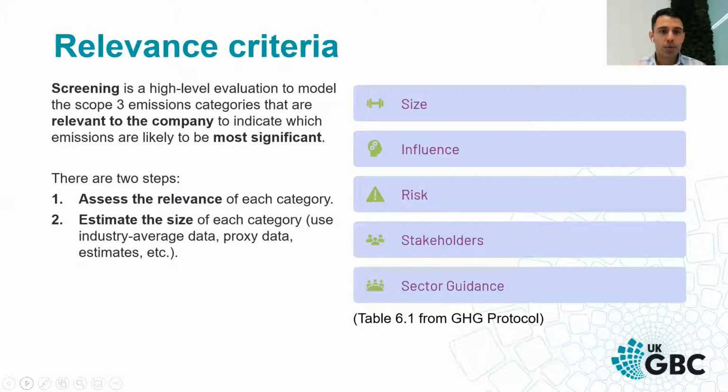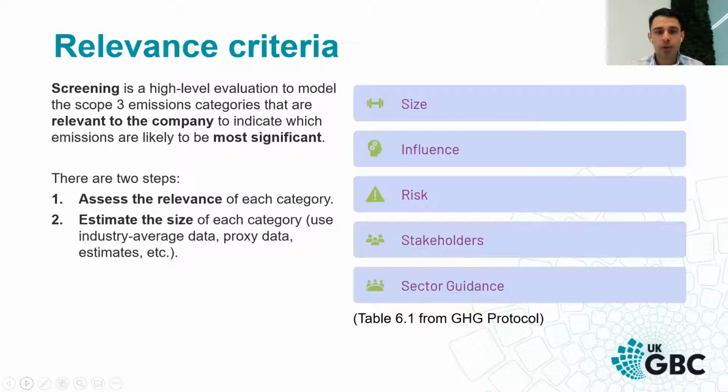If we flick forward, this slide drives home the point that it's important to undertake a screening exercise. So essentially taking a wide view of all your Scope 3 emissions categories before drilling down into the specific categories that are the most relevant to your organization. So this can depend on the 5 criteria that are set on the right-hand side of screen.